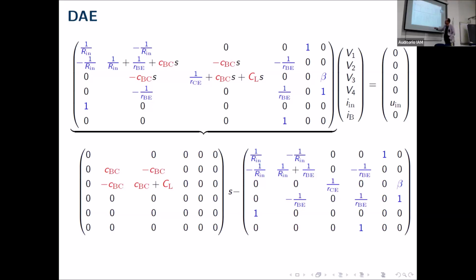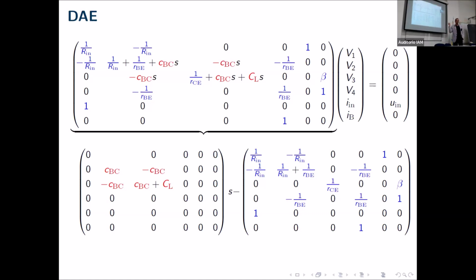And here you see a little bit of the symmetry. Here and here, there is some structure.